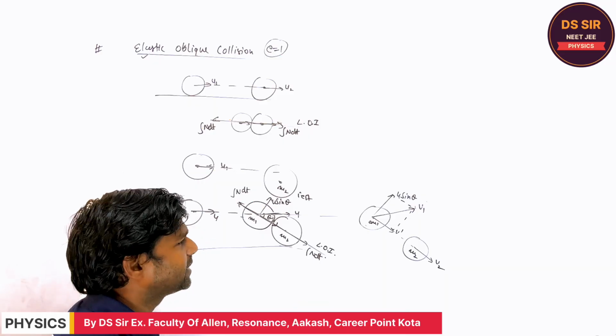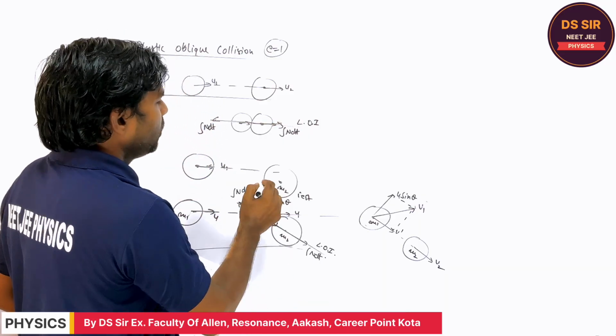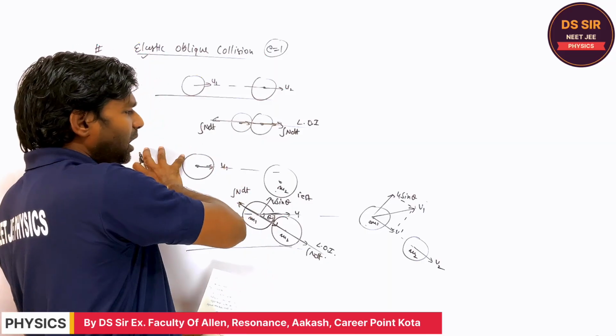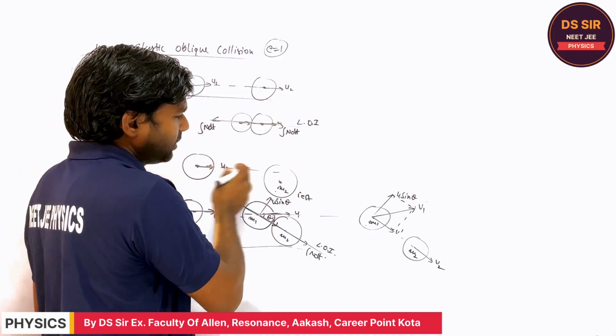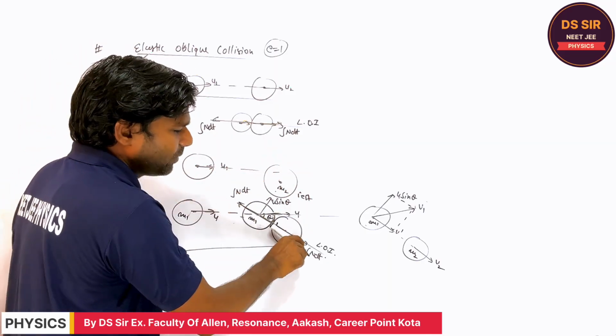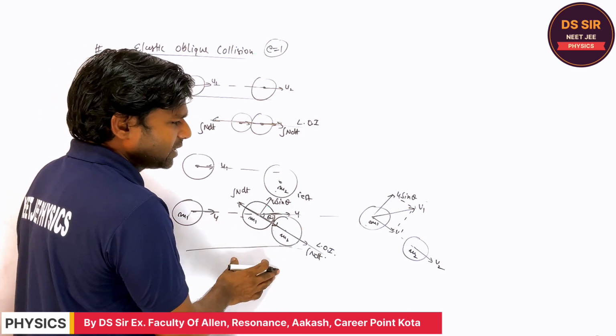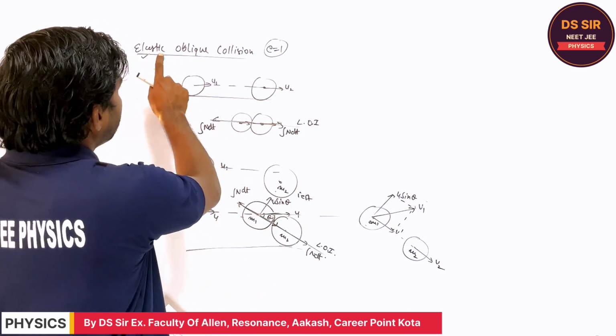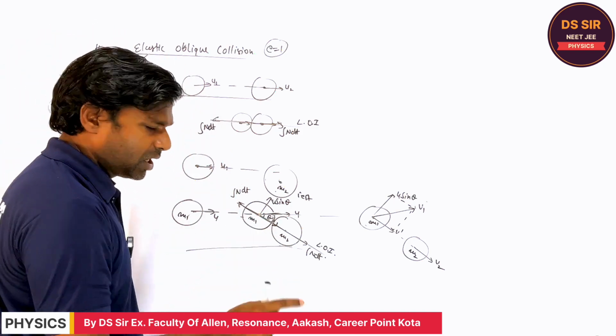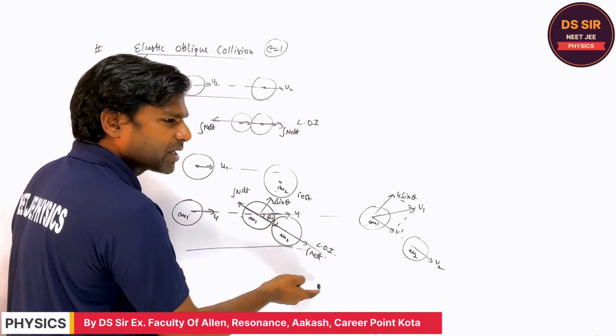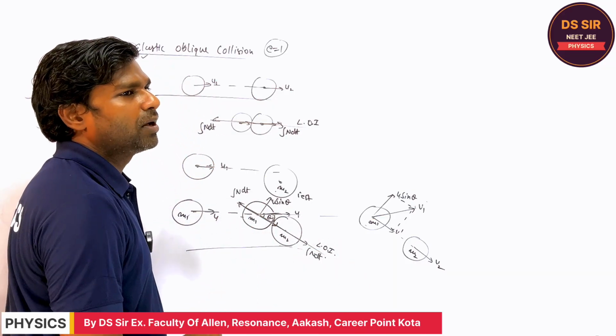In most of the cases, in the oblique collision, one body is at rest and the other body is moving, right, with some speed at some angle. So these are the cases we are going to discuss. Here the collision is elastic. Along this line of impact, we will apply the same formula.